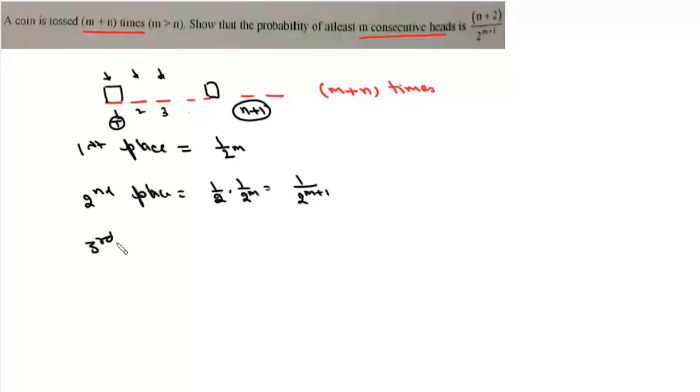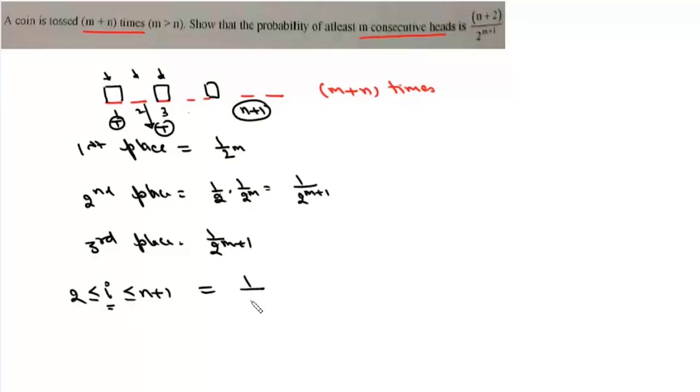Now if we look at the third place, before the third, it should be tails. So again it will be 1 upon 2 to the power of m plus 1. So for any i between 2 and n plus 1, the probability that m consecutive heads start at the ith place will be 1 upon 2 to the power of m plus 1.